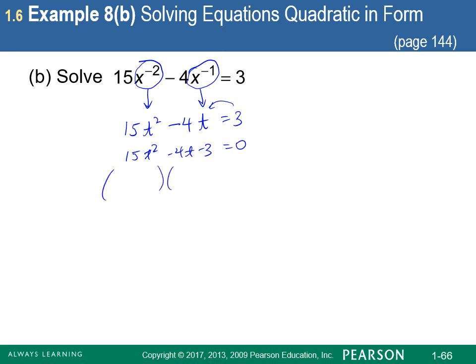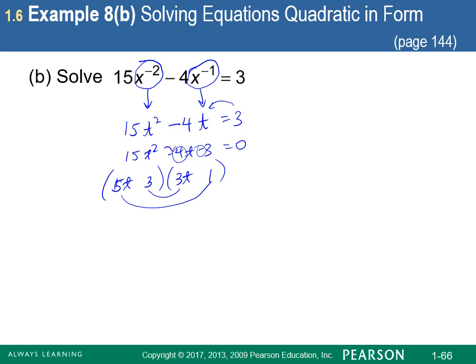And if we factor that into, say, 5t and 3t, and maybe 1 and 3, then we need the products here, 9 and 5, to subtract to give a 4, which it does. So that's the right combination.